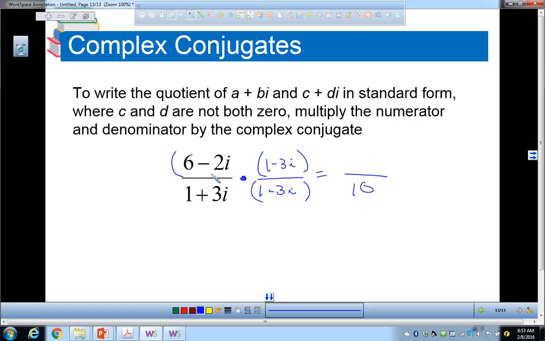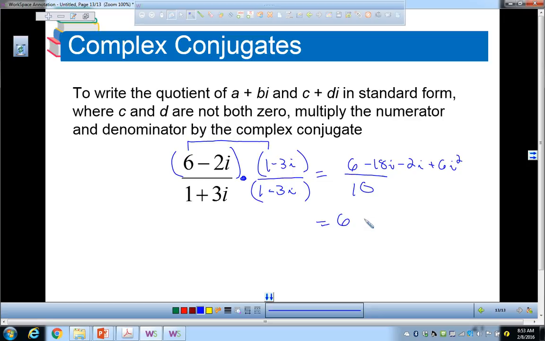And then you have to FOIL the top. Okay? When I FOIL the top, first gives you 6. The 2 outer terms give you negative 18i. The 2 inner terms give you negative 2i. And the 2 last terms give you plus 6i squared. So when I simplify, i squared is negative 1, so I get minus 6.